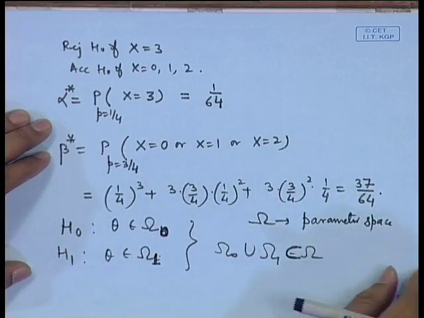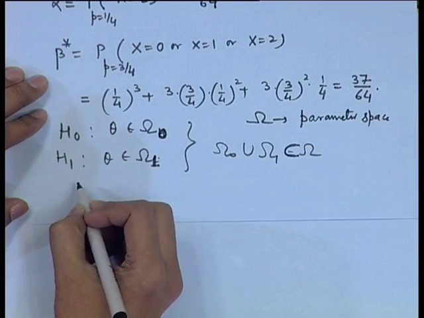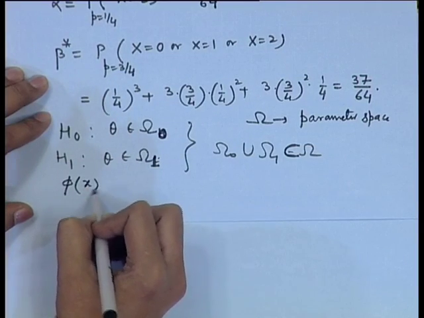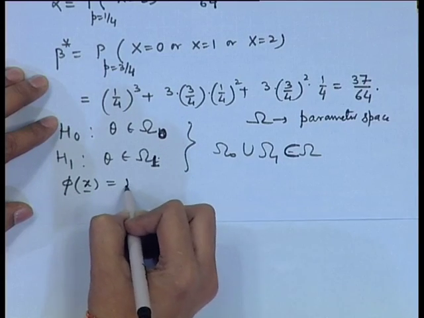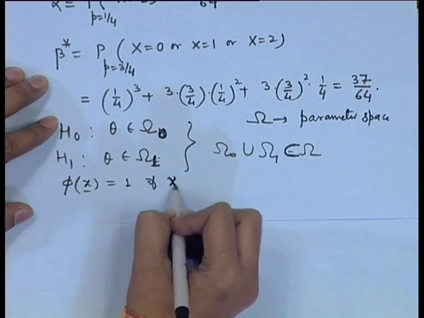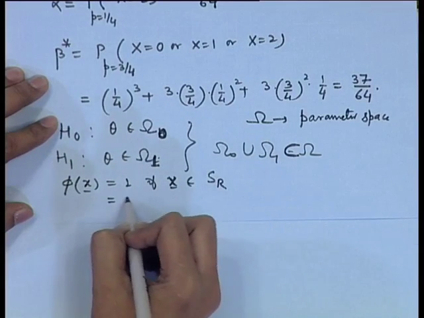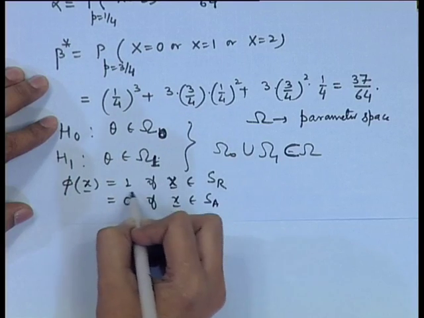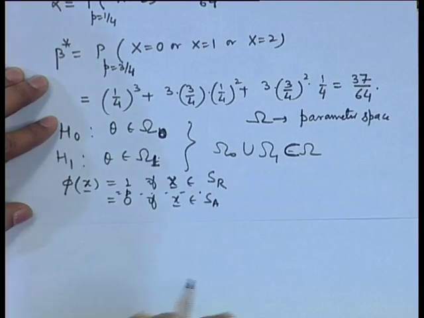So, the procedure that we are trying to tell here is that we are devising a function phi(x) based on the sample. So, we are saying phi(x) is equal to 1 if x belongs to S_R, it is equal to 0 if x belongs to S_A. But in some cases, as I mentioned, we may go for randomization also, we may put some value p here for certain region.